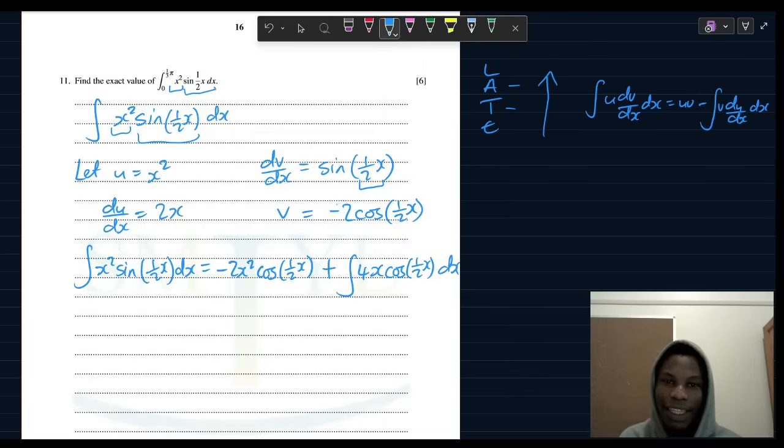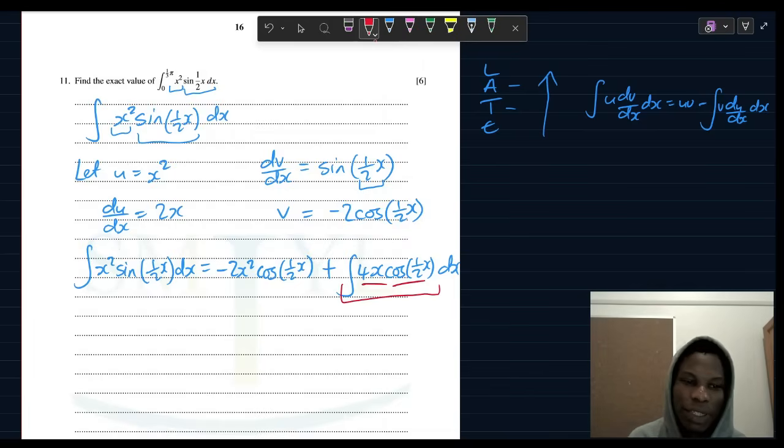And notice that this here is still a product that we have to integrate by parts. So we're going to integrate 4x cos a half x dx by parts again. And the scenarios are the same.